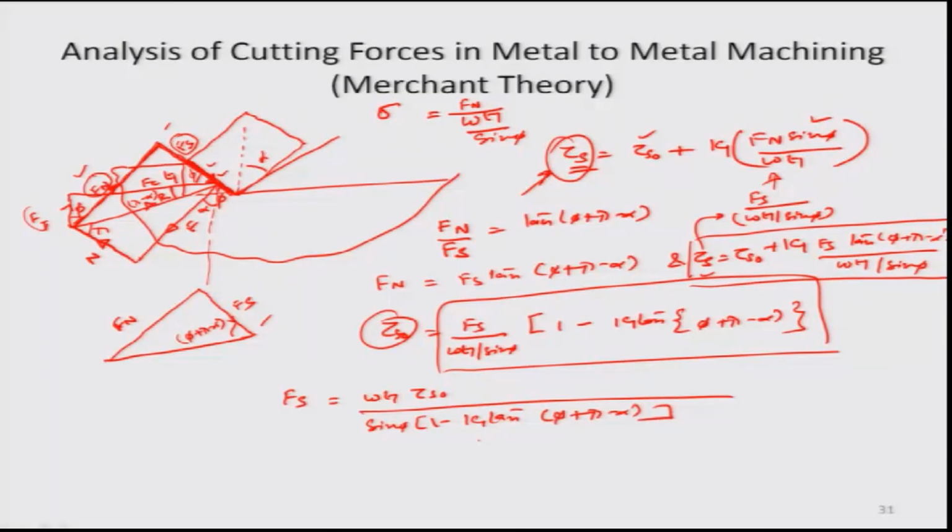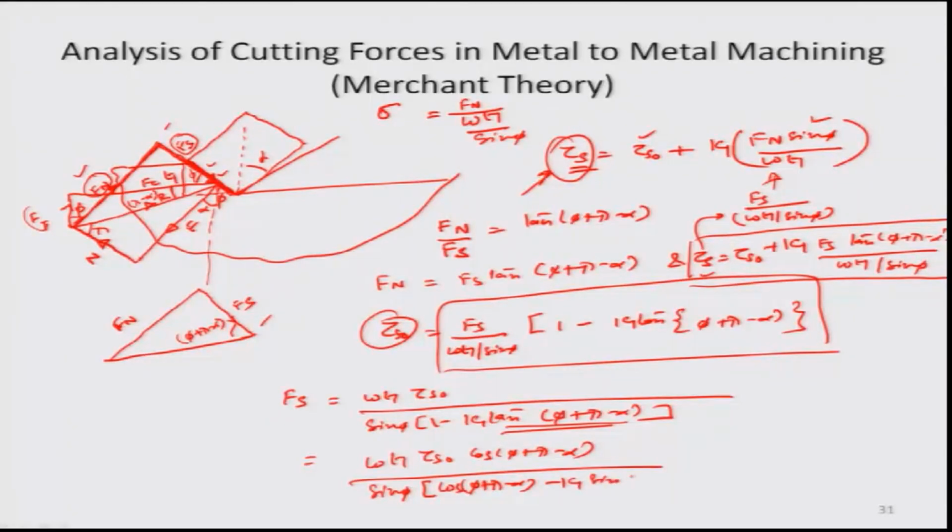Or in other words, if I open this up as a sin by cos ratio, I should be able to write it as Wt1 tau s0 times cos of phi plus lambda minus alpha divided by sin of phi times cos of phi plus lambda minus alpha minus k1 sin of phi plus lambda minus alpha.